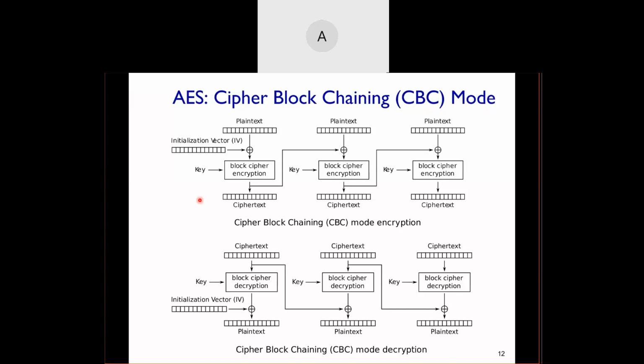Sir, how are we treating the plain text here? Is it the exact length that we get, or are we adding some bits to make it the key length, or repeating the text?